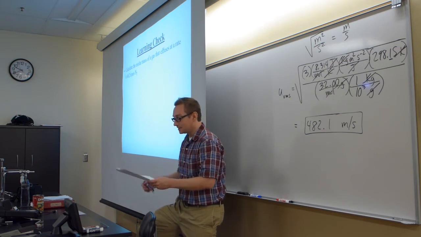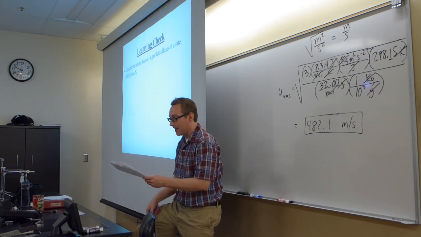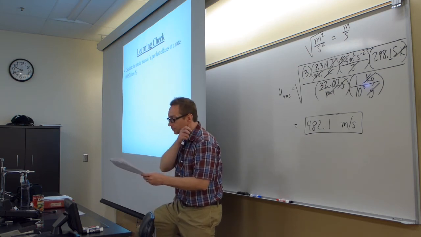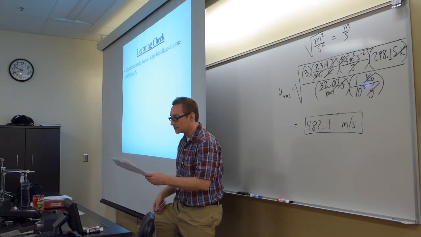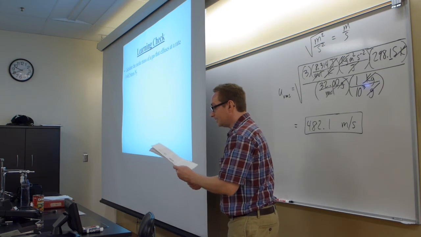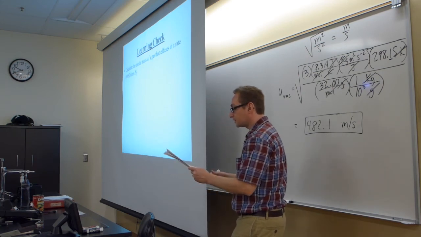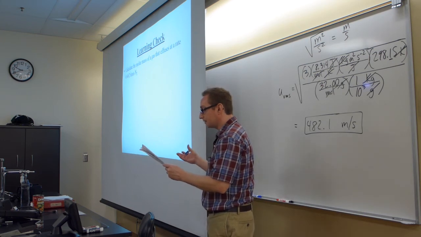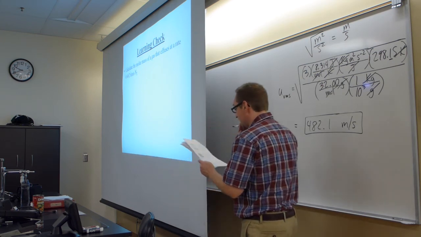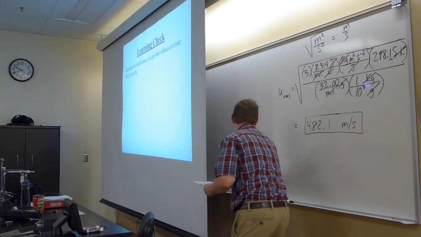I took this as a sample problem from somewhere, but I'm adding a few more words to it. So what does 0.462 times nitrogen mean? It means it's 0.462 relative to nitrogen. So if you go back to the equation for effusion, let me just erase this.